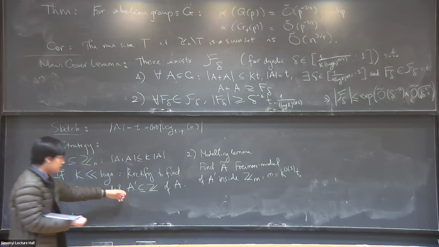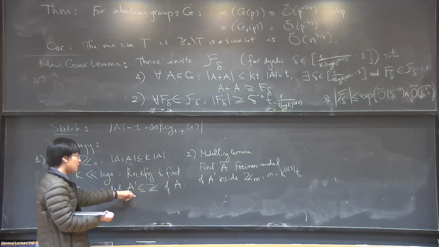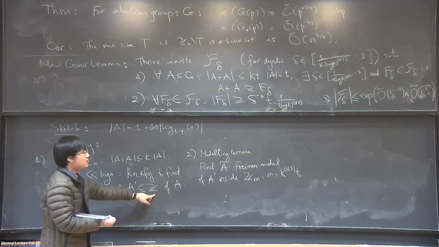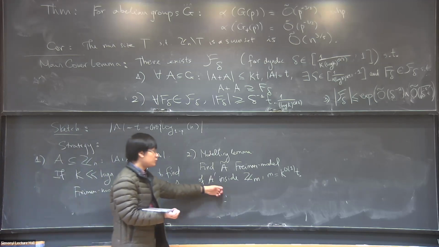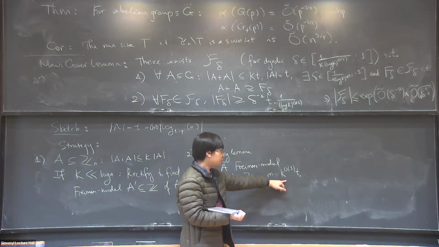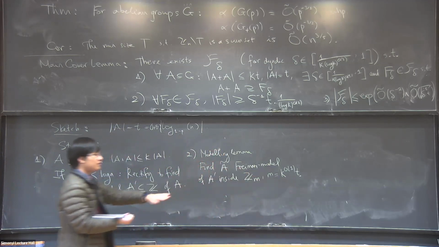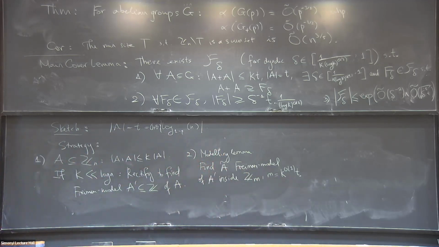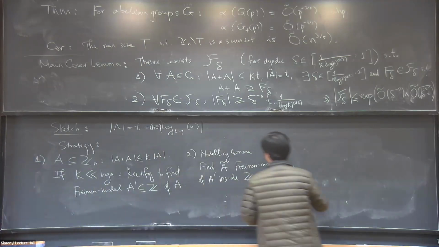And finding this model in the torsion-free group Z is important for us to be able to have this efficient modeling lemma. Otherwise, we'll have to get a much worse bound on M here that will be too costly for us to derive the result that we want. So these two steps you have to appropriately modify once the parameter K becomes larger. And that's another interesting point, but I will not go into that detail.